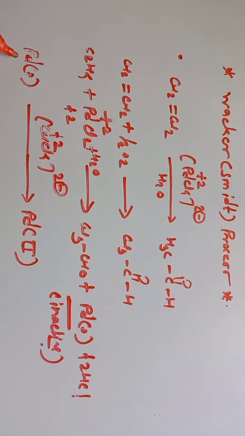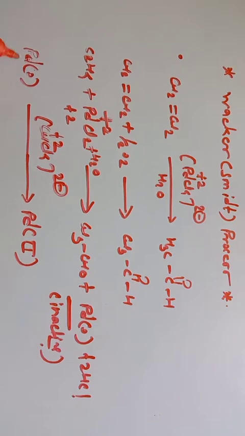So after conversion of one molecule of alkene into aldehyde, the Pd is converted into Pd0, that is it gets reduced, and again you have to reoxidize this Pd0 into Pd2+ with the help of Cu2+ as a catalyst.